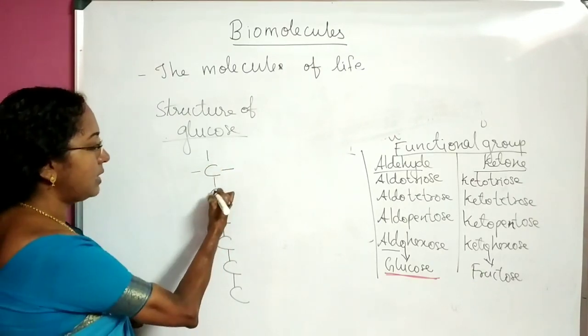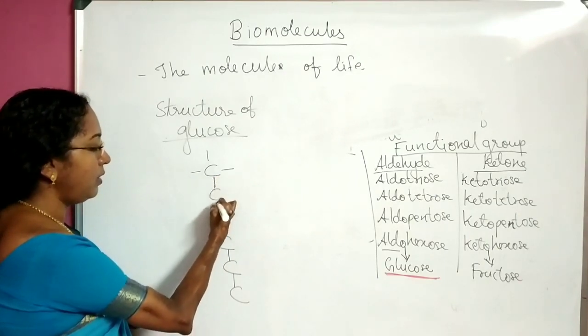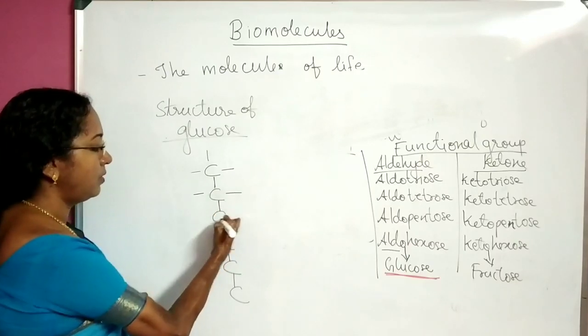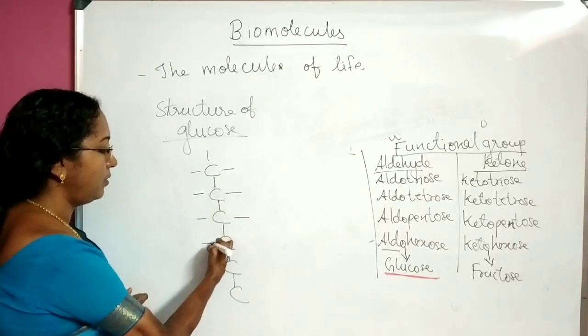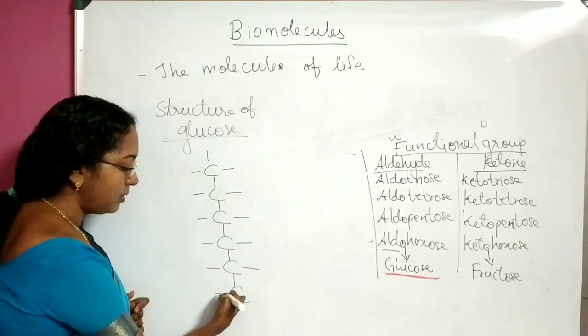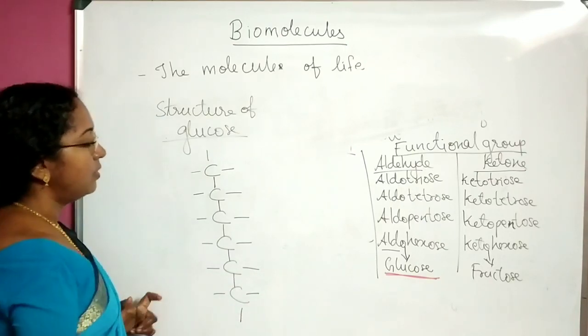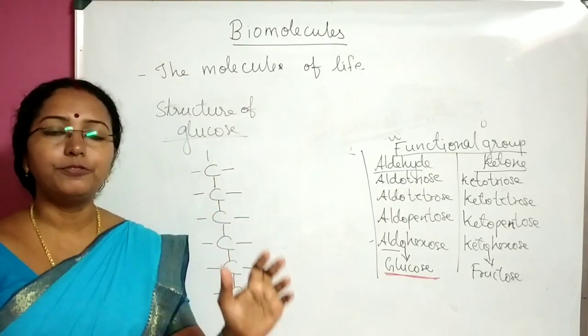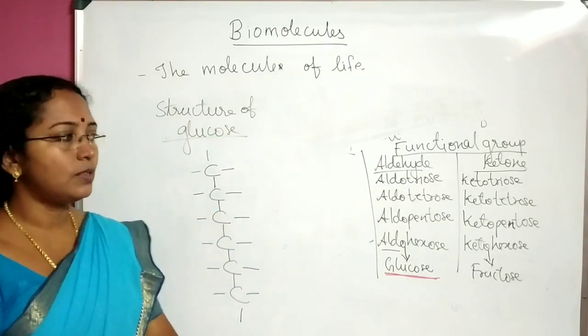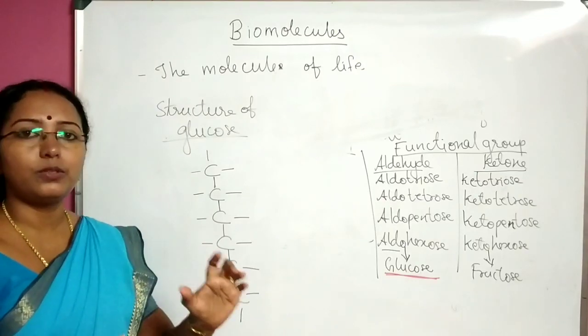Again this carbon is having 2 bonds, 1 here, 1 here. 2 already bonded. So 3, 4. This is also 3, 4. It is bonded to the first one, second, third, fourth. So here I have just drawn all the 4 bonds around it. This is how you should learn to draw the structure of glucose.